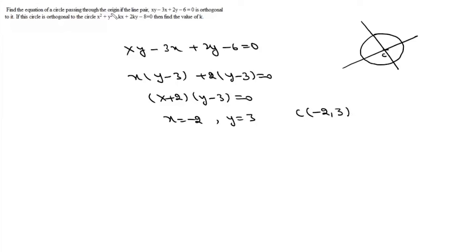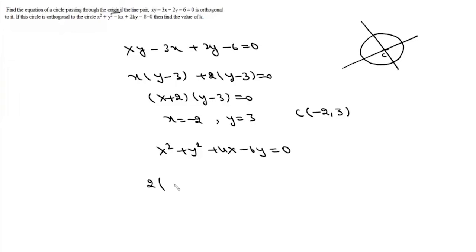And this circle passes through origin, that means the value of c is 0. So this equation will be x square plus y square plus 2gx, so there will be plus 4x plus 2fy minus 6y equals 0. Now these two circles intersect orthogonally. So that means 2 g1 g2 plus 2 f1 f2 equals c1 plus c2.